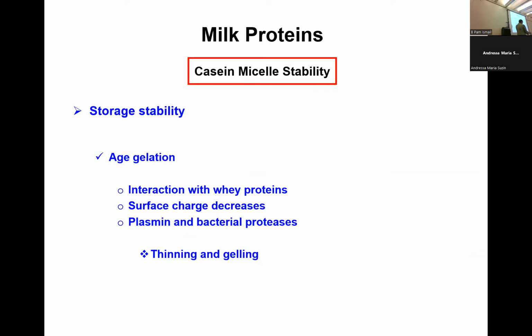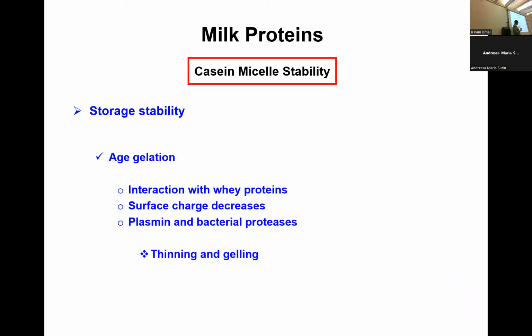Okay, storage. During storage of milk, we get what we call age gelation. This is mostly induced by the endogenous enzyme plasmin and also bacterial proteases. So even pasteurized milk has non-pathogenic bacteria that can release proteases.